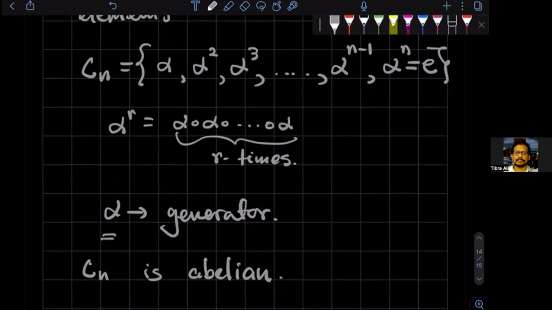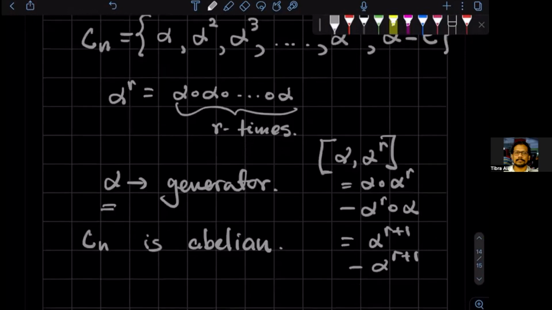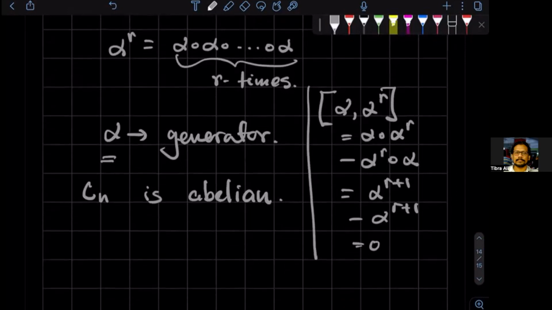So what kind of elements do we have? We have just alpha to the power r, which is alpha composed with alpha to the power r minus alpha to the power r composed with alpha. So this is alpha to the power r plus 1 minus alpha to the power r plus 1. So this is 0, right? So it's an abelian group.